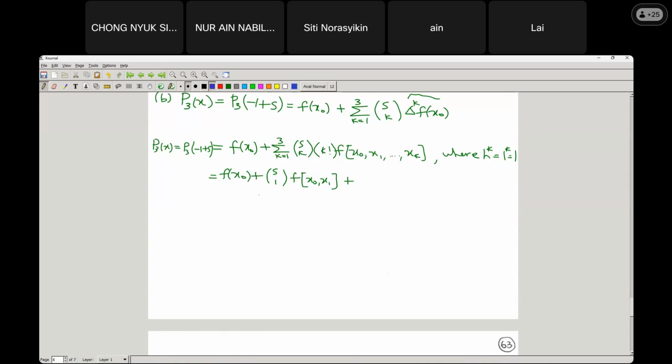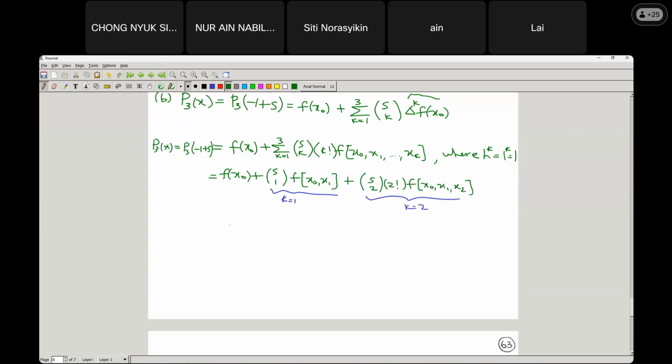When k equal to 2, I have (s choose 2) times 2 factorial times f, where the last point is x2, so I have f[x0, x1, x2]. This is for k equal to 2.